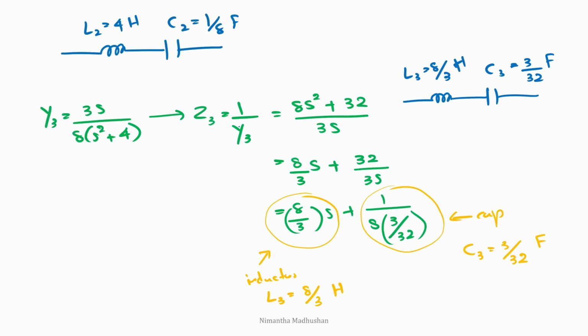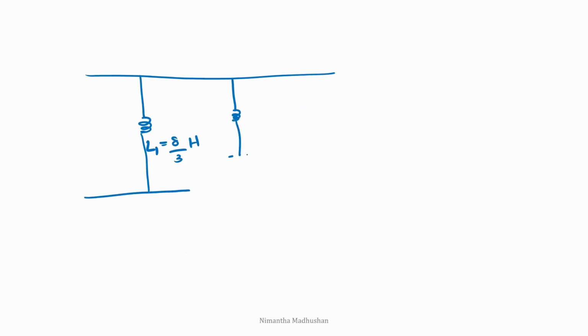Then we can draw the final circuit. The first element is an inductor, 8 over 3 Henry, and Y2 is a combination of an inductor and a capacitor.